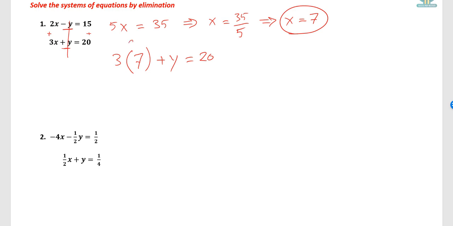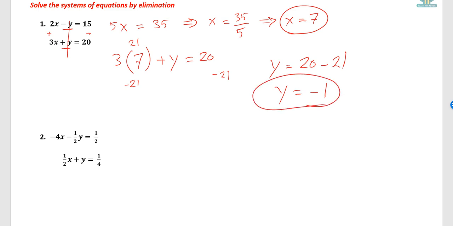So 3 times 7 is 21, plus y equals 20, so subtract 21 from both sides, right? So y equals 20 minus 21, so y equals minus 1. Okay, so my solution set is 7 and minus 1.